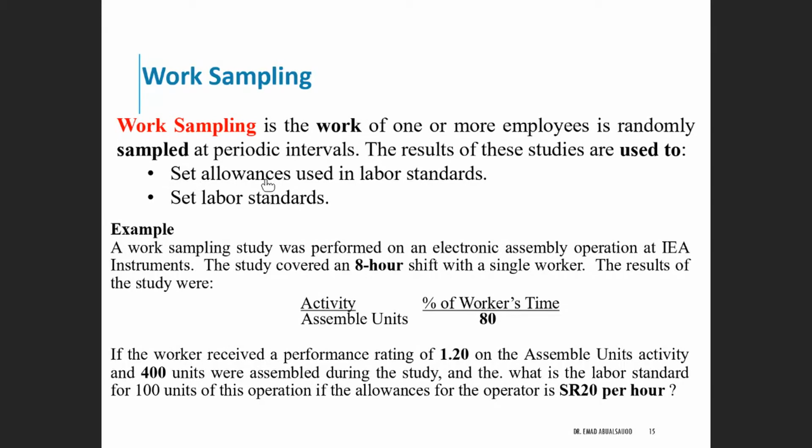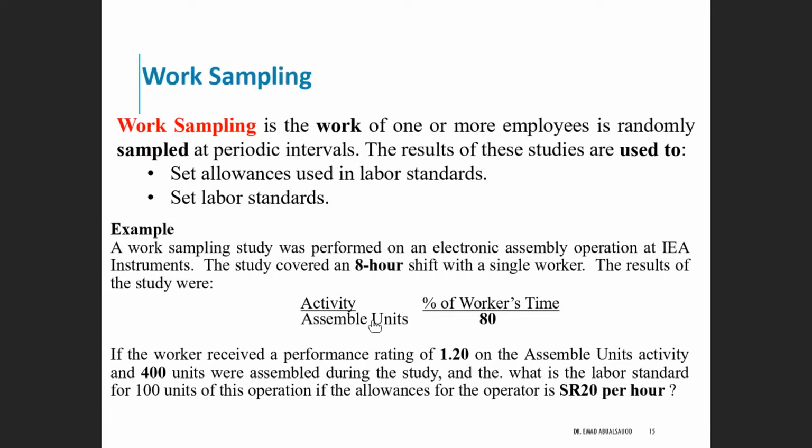Example, similar to the previous one: a work sampling study was performed on an electronic assembly operation at IEA Instruments. The study covered an 8-hour shift with a single worker. The results of the study were: for the activity of assembling units, the worker's time as a percentage is 80% of the worker's time used in this activity.